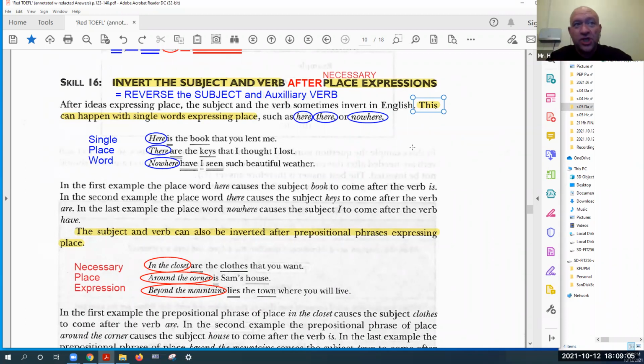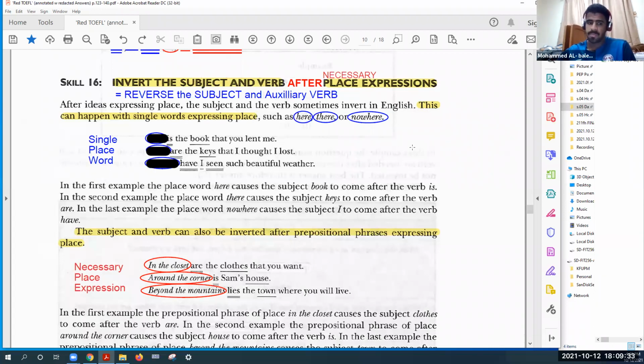Now, here is just a single word, right? So I call it a single place word. You see on the left side, single place word. Here is a single place word. There, another single place word. And nowhere, right? We have 3 single place words, okay?